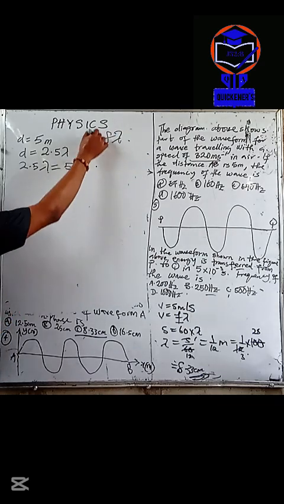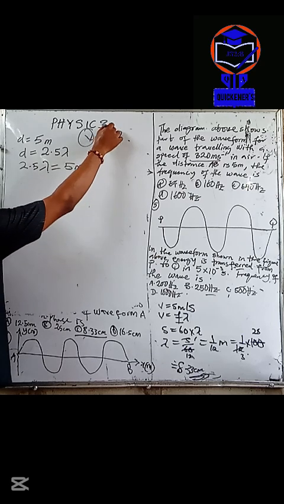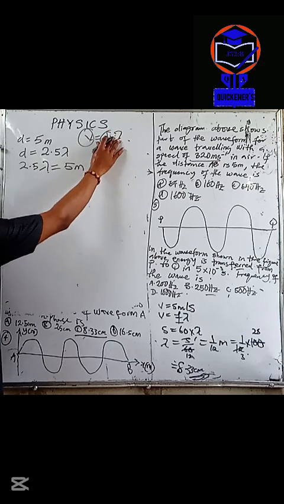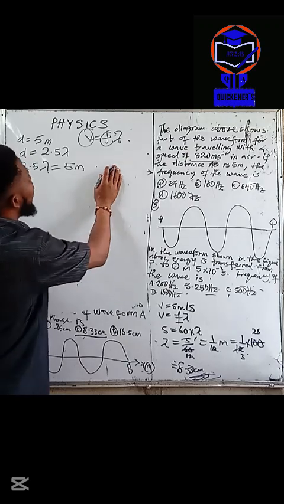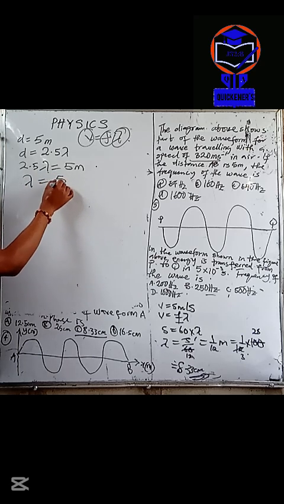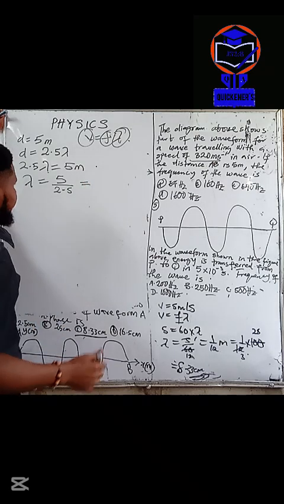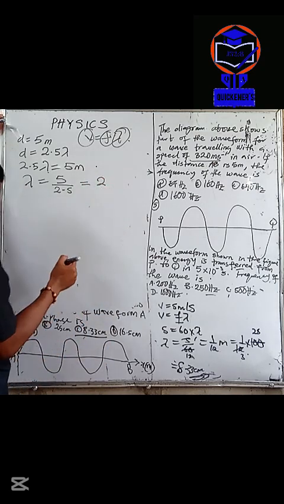So we have speed and we have lambda. Sorry, we have speed and we need frequency. This is where we get our lambda. So lambda is equal to 5 over 2.5. 5 over 2.5, that is 2, right?